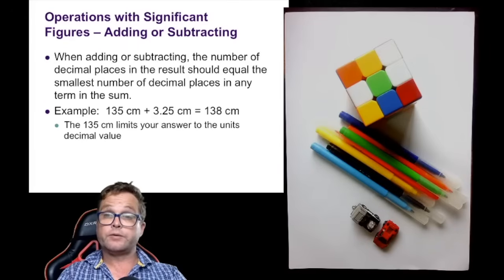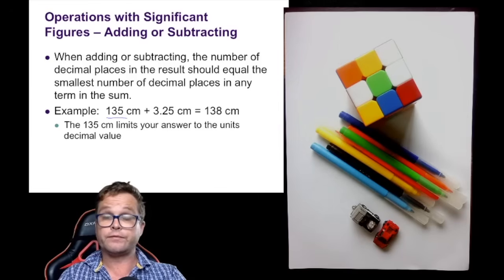The second rule we look at is the rule for the number of significant figures when adding or subtracting. The rule is, when adding or subtracting, the number of decimal places in the result should equal the smallest number of decimal places in any of the terms in the sum. Remember, by decimal places we mean the number of digits after the decimal point. The example given is 135 plus 3.25. 135 has 0 decimal places.